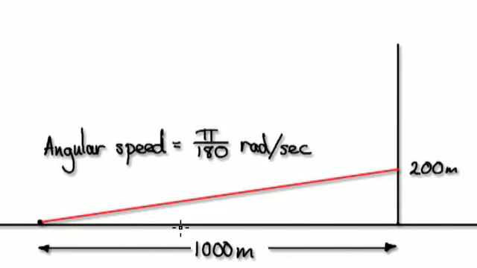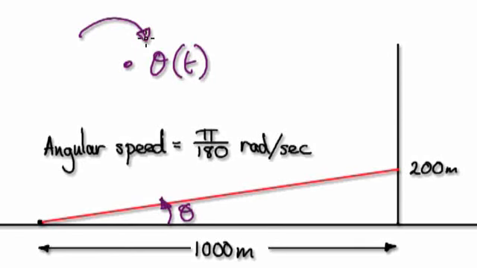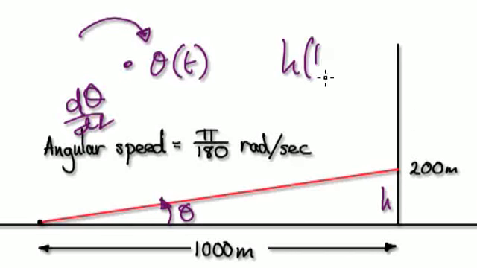Something else to bear in mind: because you want to differentiate with respect to time later on, theta is a function of time, so when you differentiate you're going to need d theta by dt. And h is also a function of time, so bear that in mind when you differentiate.